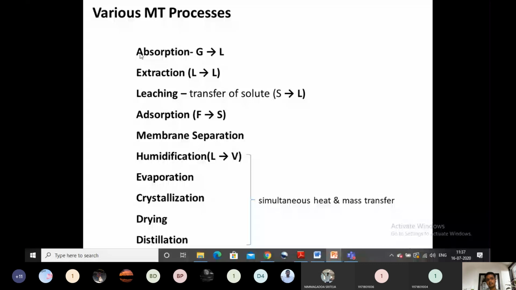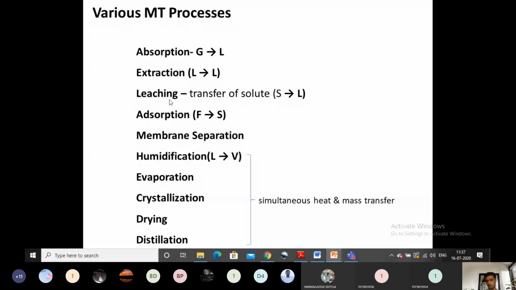Then the next one is extraction. Extraction is the usual phenomenon; we will refer to liquid extraction. In common terminology, we can say extraction of oil from oil seeds. That is also extraction, but it is a solid-liquid phenomenon. In industrial terminology, the extraction process in which the solute is extracted from a solid is called leaching.